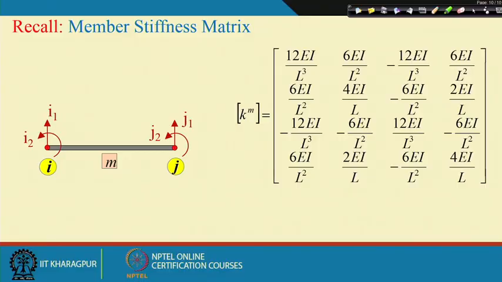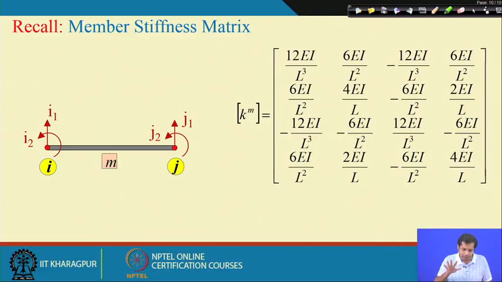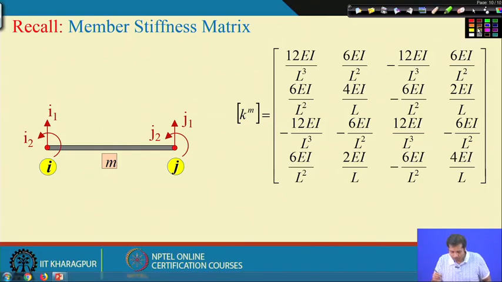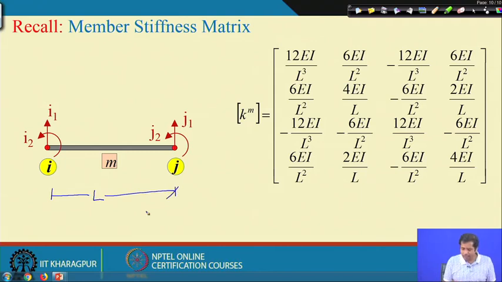So, the thing is exactly the same, there is no difference at all. Only thing is, you recall this is for any arbitrary member, this is the stiffness matrix, and in this stiffness matrix, wherever you have L, this L is the length of this member, and EI is the flexural rigidity of this member.